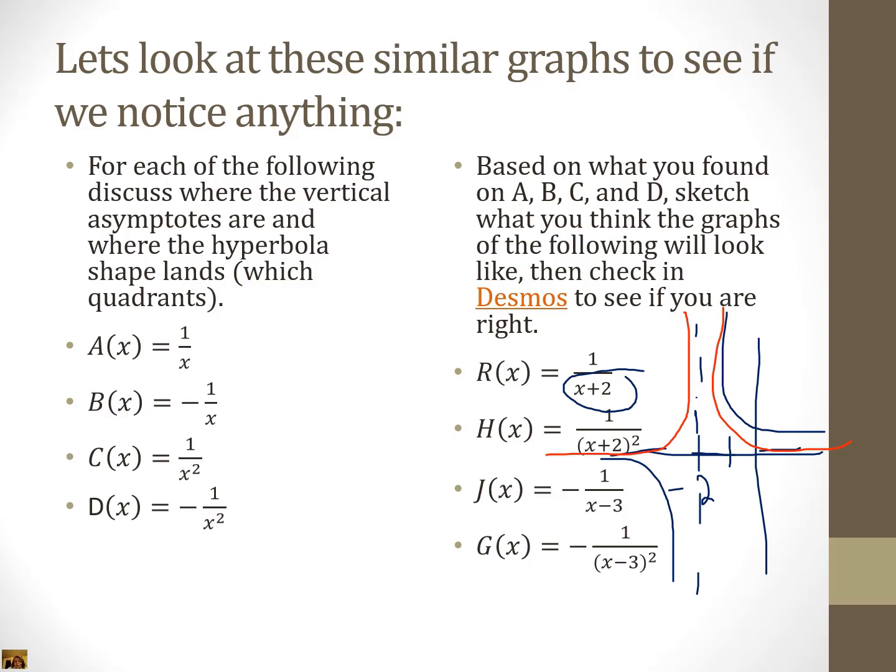The first one, the x plus 2, technically, if you look at it, had an exponent of 1 on it. And notice that on this asymptote right here, the hyperbola shape only had one thing going to it as you went to -infinity down here, and one thing going up to it as you went to +infinity there.